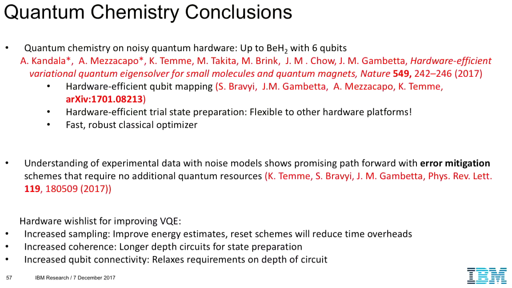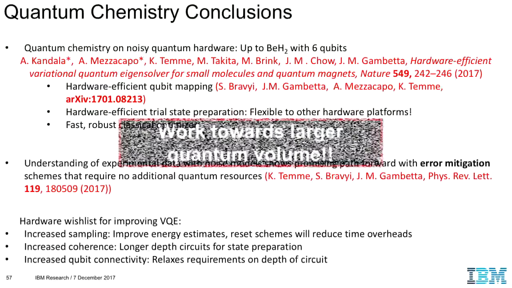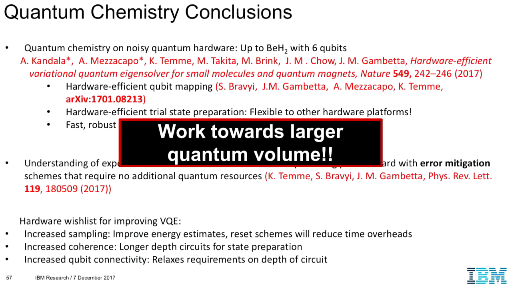And increasing coherence would let you have more depth in the circuits. And along with that, if you have more connectivity, you actually would require less depth. So that's also what we want. So at the end, we want to work towards larger quantum volume, which should improve all aspects of our experiments. Thanks.